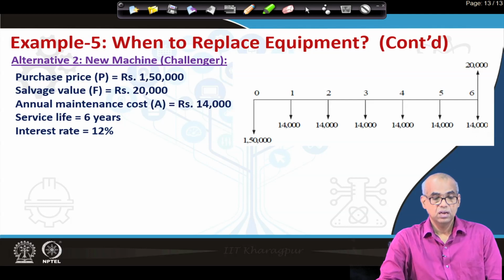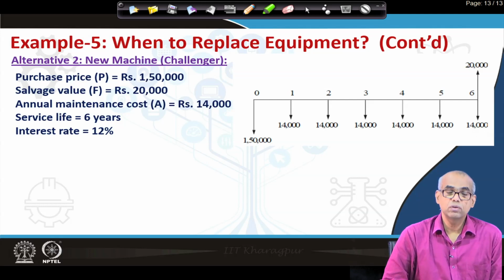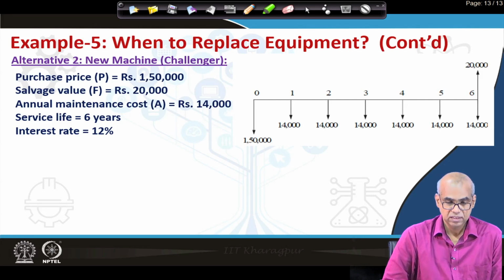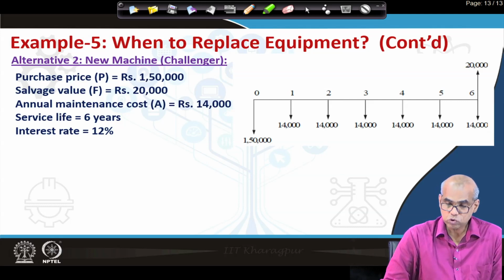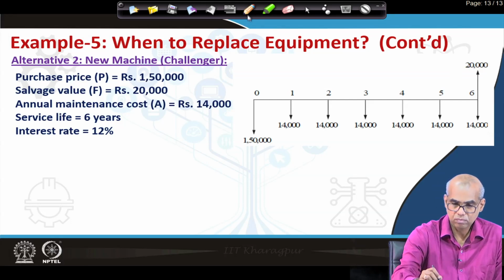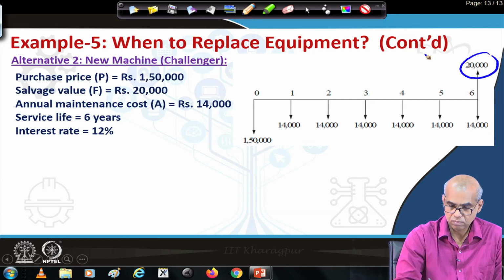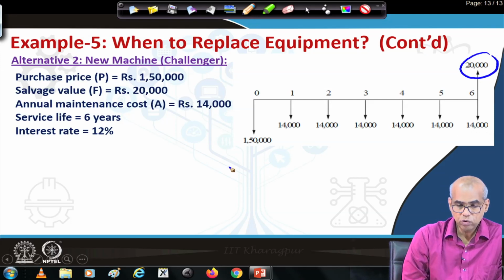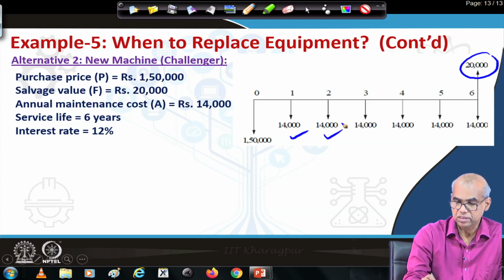Now, let us compute the equivalent uniform annual cost for alternative 2, or the new machine, also known as Challenger. Here the purchase price is rupees 1,50,000 at time t equal to 0. Salvage value is rupees 20,000. Annual maintenance cost is rupees 14,000 and service life is 6 years.